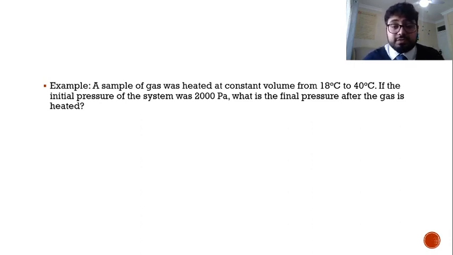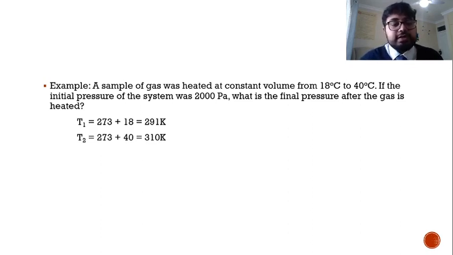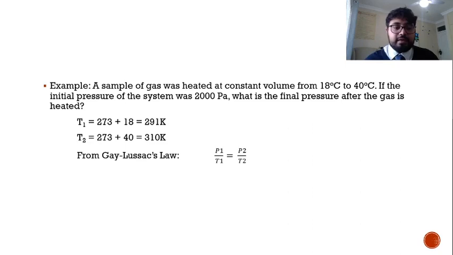So the first thing we need to do is calculate our temperatures in Kelvin. T1 equals 273 plus 18, and we get an answer of 291 Kelvin. And T2 is 273 plus 40, which equals 310 Kelvin. Now from Gay-Lussac's law, we say P1 over T1 equals P2 over T2.